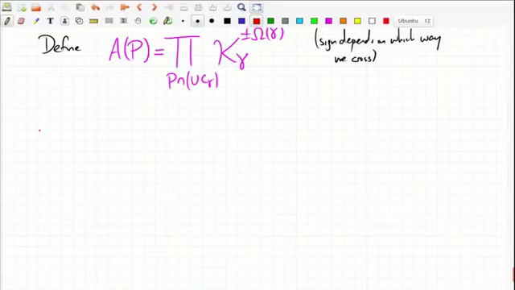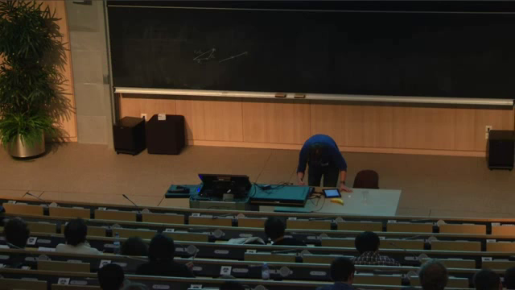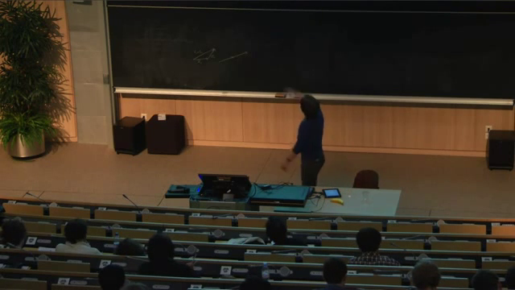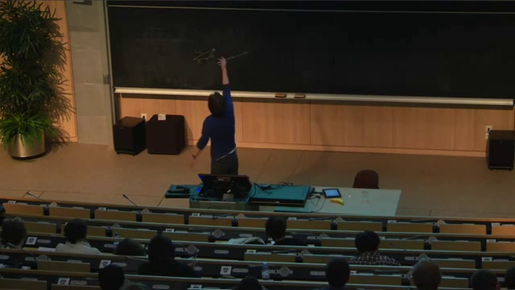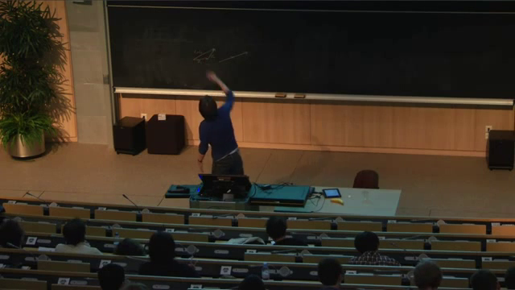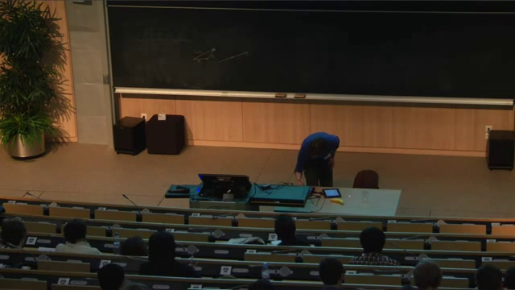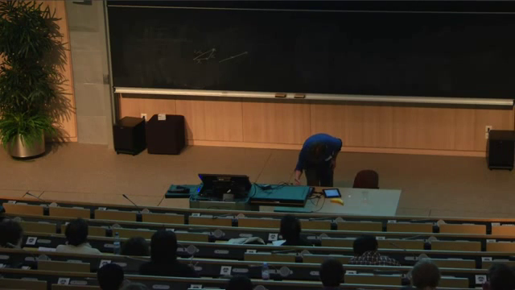And I take this path that just does this. So in this case, Kontsevich-Soibelman's A of P is the following thing. It's just a composition of these things that we called K gamma. So I'm going around this loop, and I meet these 6 things: gamma, gamma prime, gamma double prime, 1, 2, 3, and then 3 going back the other way. So when I go back the other way, I put inverses.